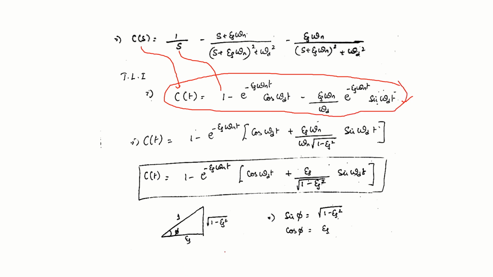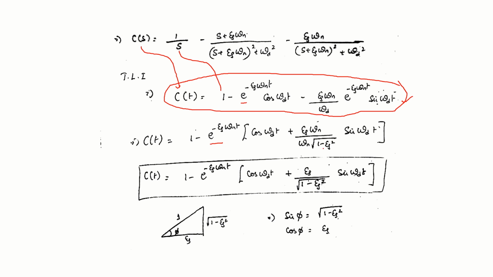Okay, now let us further simplify this one. For that, let me take out e to the power of minus zeta omega n t common. Then I'll be left with cos omega d t, minus, you have taken out, so it should be plus zeta omega n.